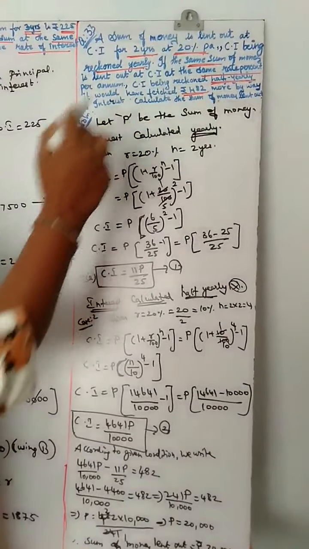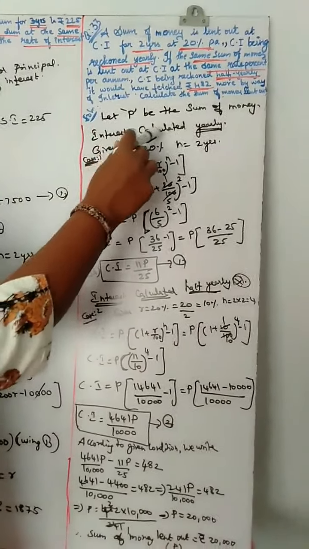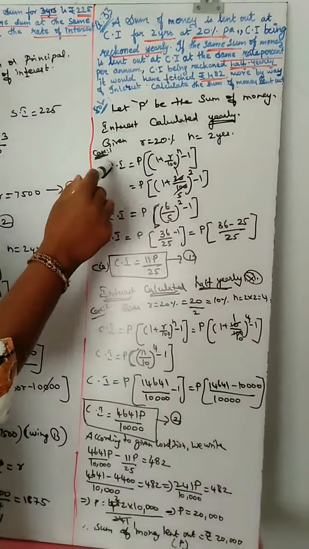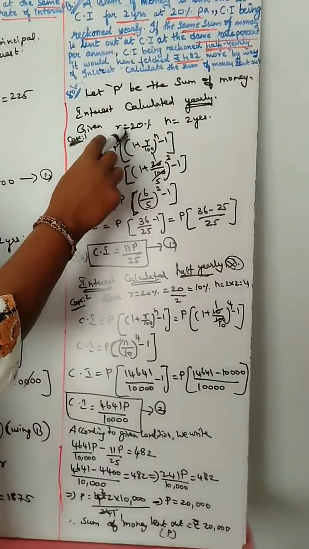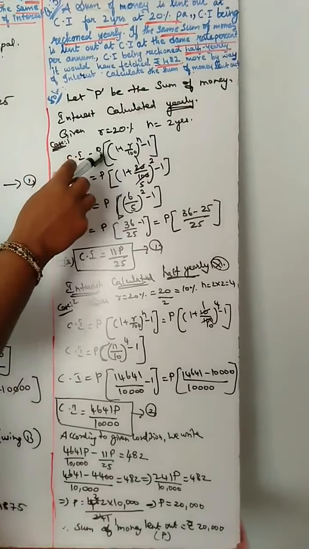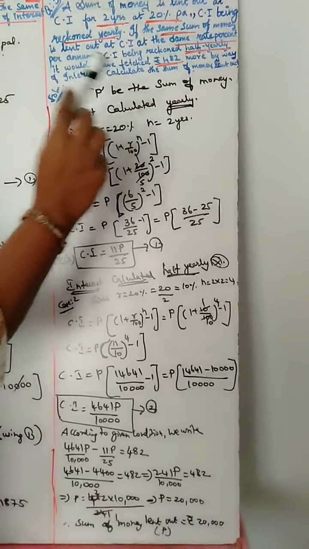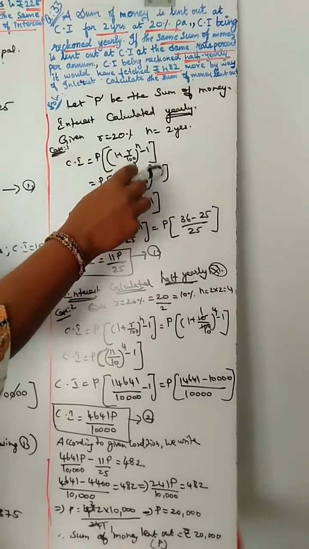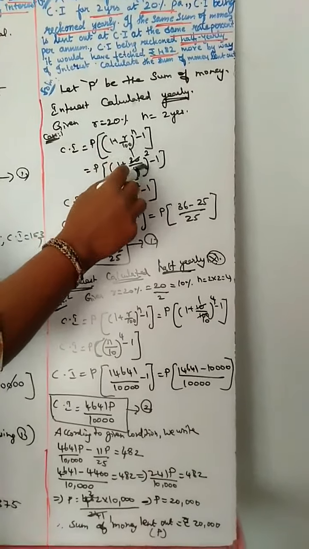Let P be the sum of money and interest calculated yearly as well as half yearly. Okay, if the interest is calculated yearly, the rate of interest given here is 20% and n year is 2 years. So compound interest formula, that is P of 1 plus R by 100 the whole power n minus 1, which is equal to P of 1 plus 20 by 100 the whole square minus 1 by 20 table. If we cancel this 1 time, 5 time.